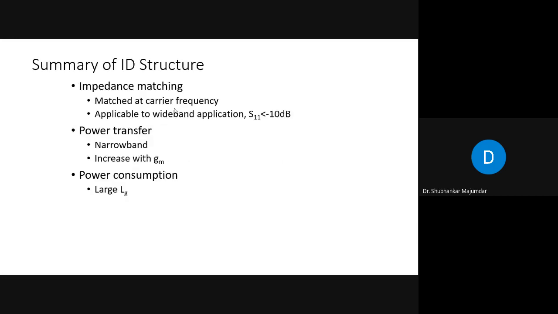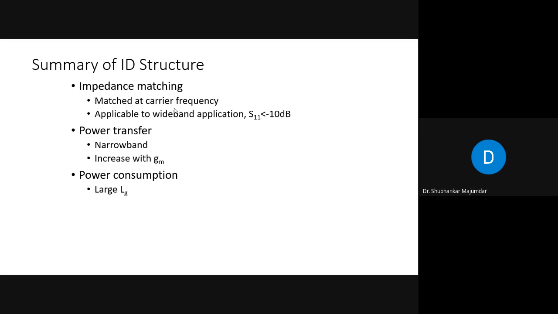Now, summary: impedance matched at the carrier frequency, applicable to wideband applications, like if S11 is less than minus 10 dB, it will be utilized. Power transfer is only at narrow band because it is an inductor, so the impedance will vary with frequency.